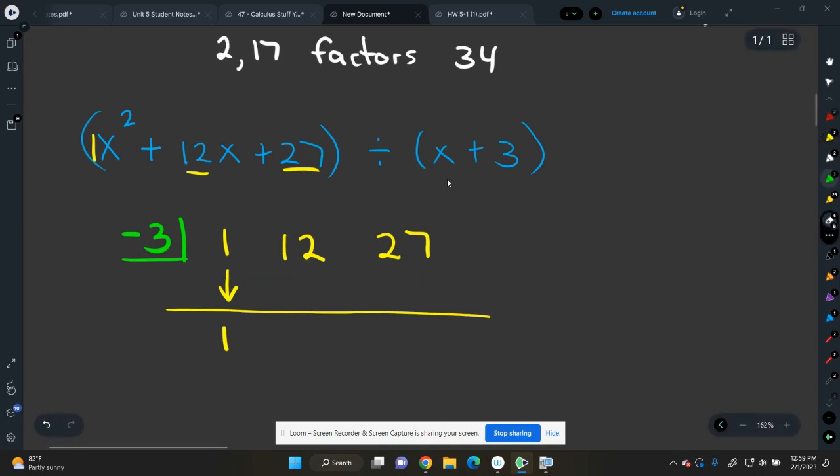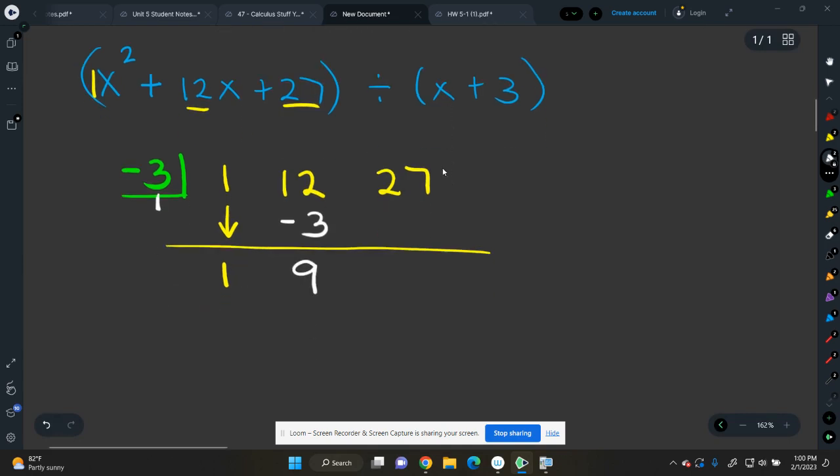Now we're ready to multiply. -3 times 1 gives me -3. I put it right under the 12. Okay, and then we're going to add them. 12 plus -3 is 9.